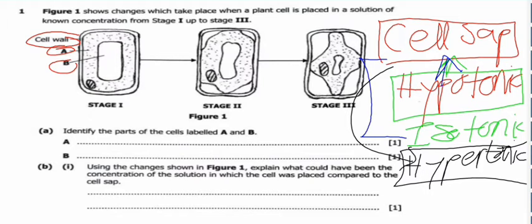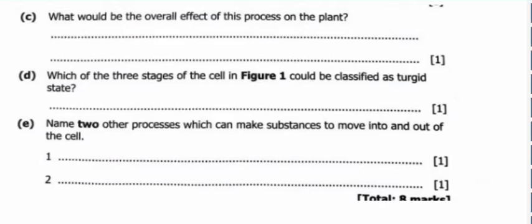We have two types of wilt: permanent and temporary. When a plant is permanently wilted, it is going to die. But if it is temporary wilt, it can be reversed into a normal plant cell by placing it in a hypotonic solution or isotonic solution.